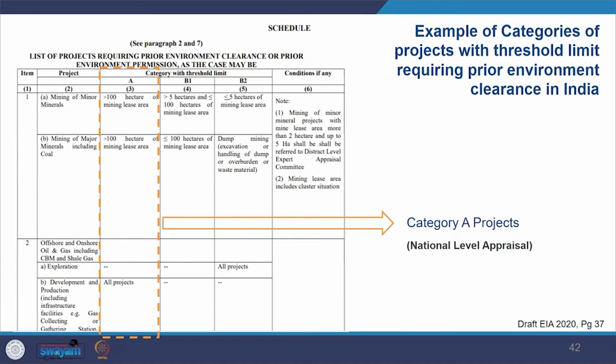In India, if you look at it, screening is done on the basis of a defined list. So we also have a list, and we have threshold values on the size of the project that are used for categorizing the project. Based on that, we decide whether the project requires EIA or not, and whether it will be cleared by the state government or the central government.